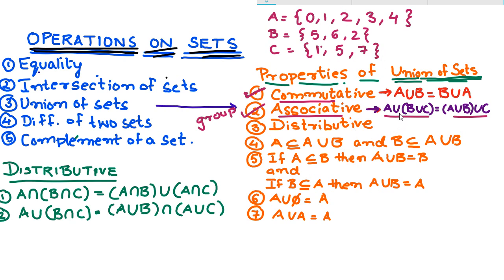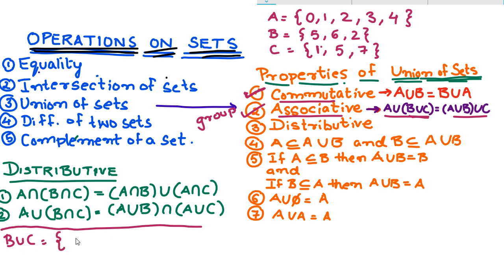Okay, so let's find out A union. First, according to DMAS, we need to first do B union C. Let's see what B union C gives us.